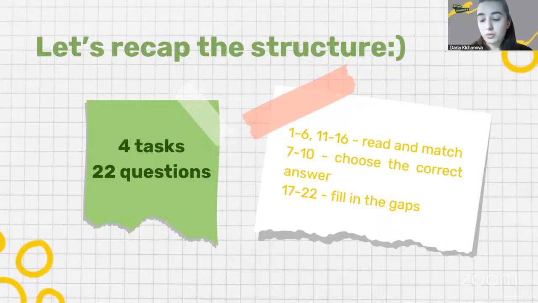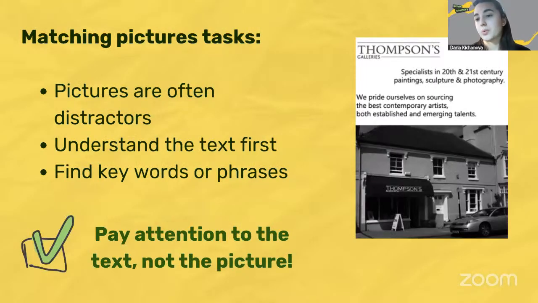And of course, we are going to start with matching tasks. I think you already have seen this picture. What we need to remember: first of all, these pictures may help us at some point of the test.